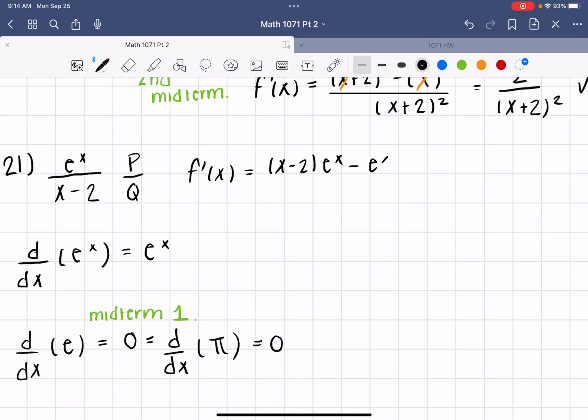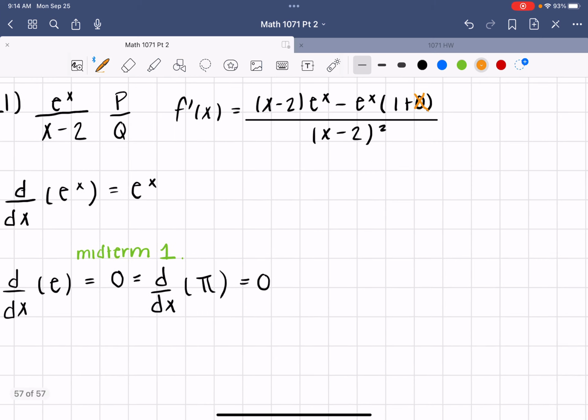The derivative of x is 1. The derivative of negative 2, it's just a constant, 0, all over x minus 2 squared. And indeed, if you left out the 0, that's perfectly fine. I'm just putting it there for emphasis. You can leave it out. So if you gave me that for the first midterm, I'd be happy.